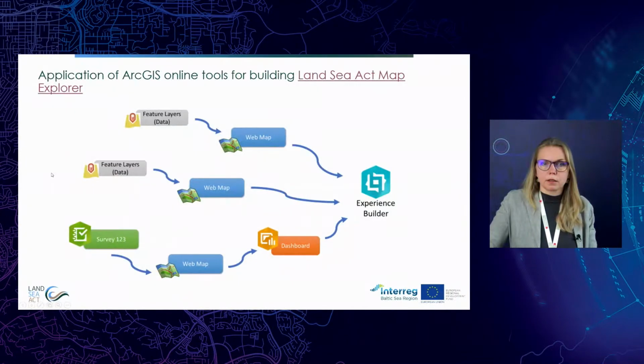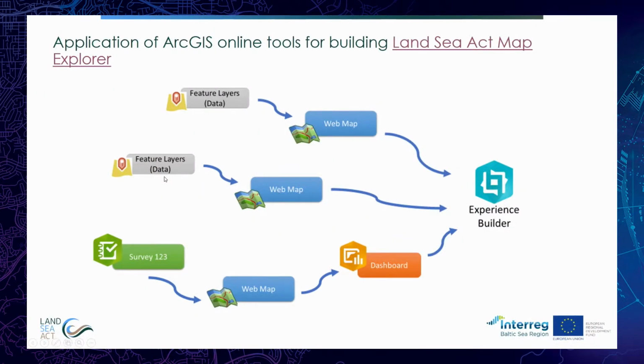And here is again a schematic illustration of this workflow. Different feature layers, like different assessment maps which we have produced, we have placed in a web map and then compiled together using Experience Builder, where we also integrated the survey 1, 2, 3 results using a dashboard for visualization of these tourism or recreational sites.